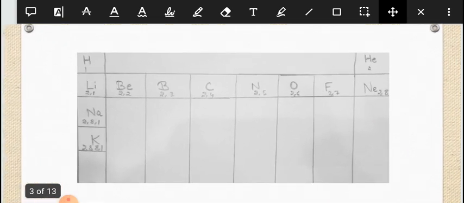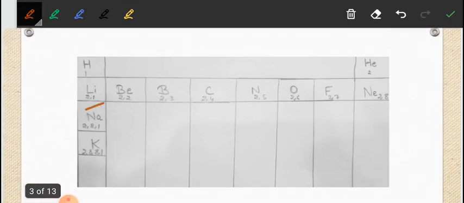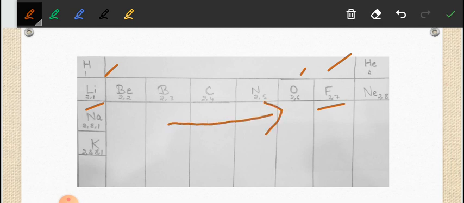Suppose here is a periodic table. Lithium has very less nuclear charge as compared to fluorine, so lithium will lose an electron but fluorine cannot lose. Oxygen will not lose, they will gain electrons. So as we move across the period, the tendency to gain electrons increases, so non-metallic character also increases.